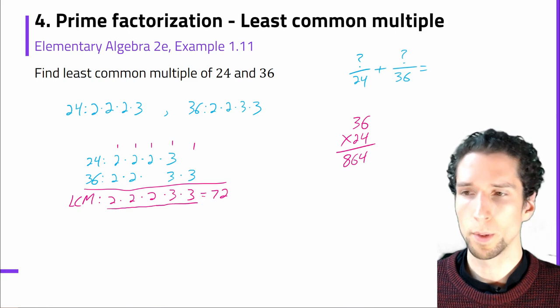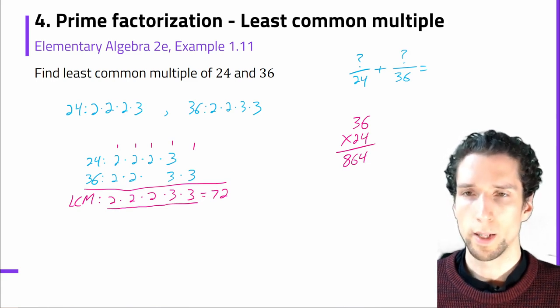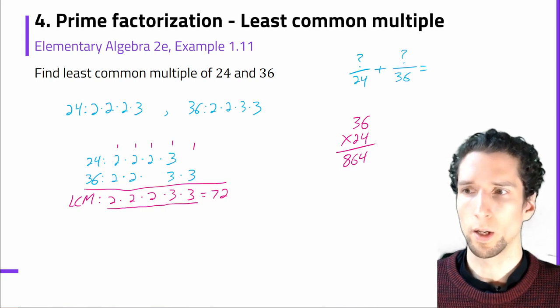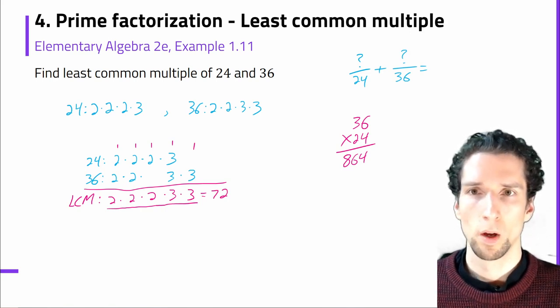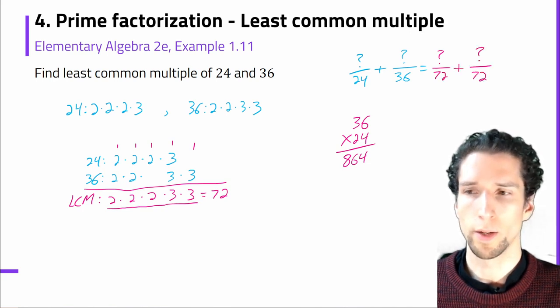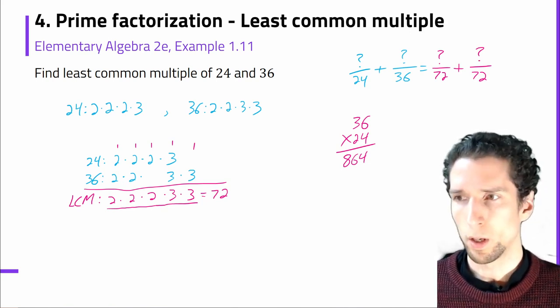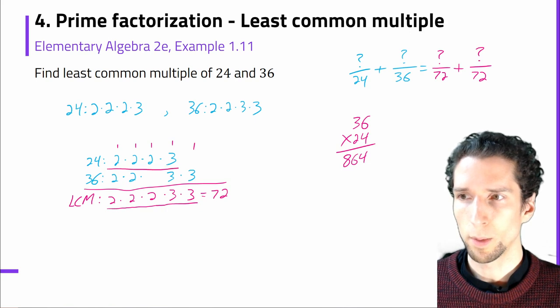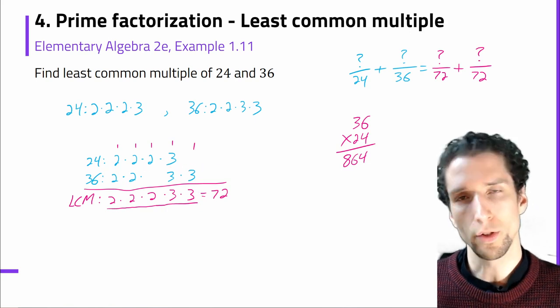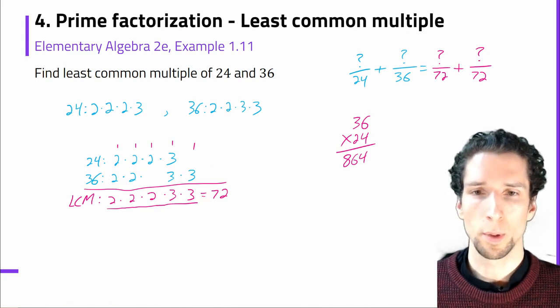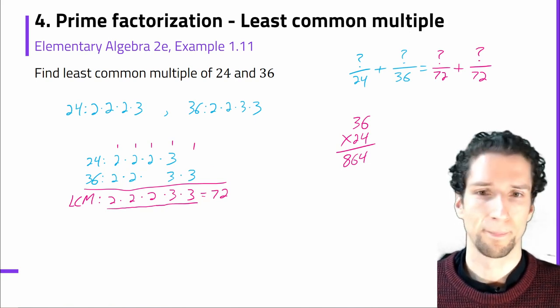So our least common multiple here will be 72. That's 24 times 3, 36 times 2. Okay, so it would be something over 72 plus something over 72. So we just write out the prime factors, make them all line up like this, and then just 1 from each column will give us the least common multiple, guaranteed.